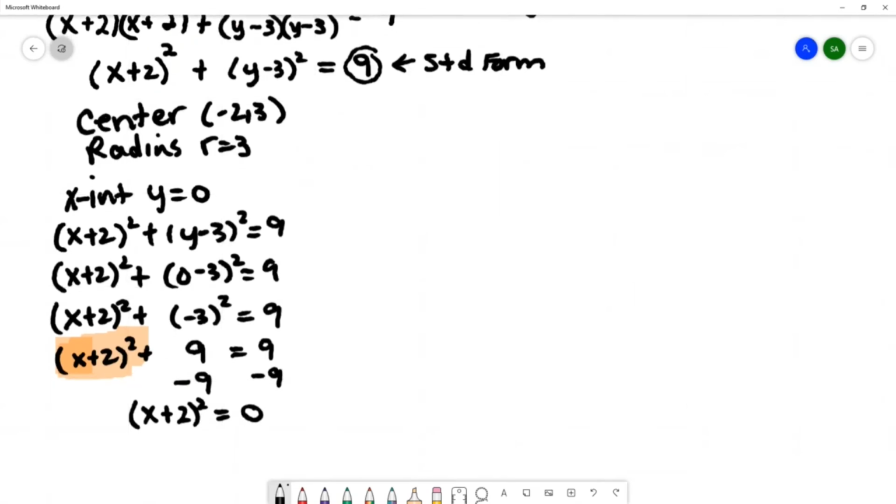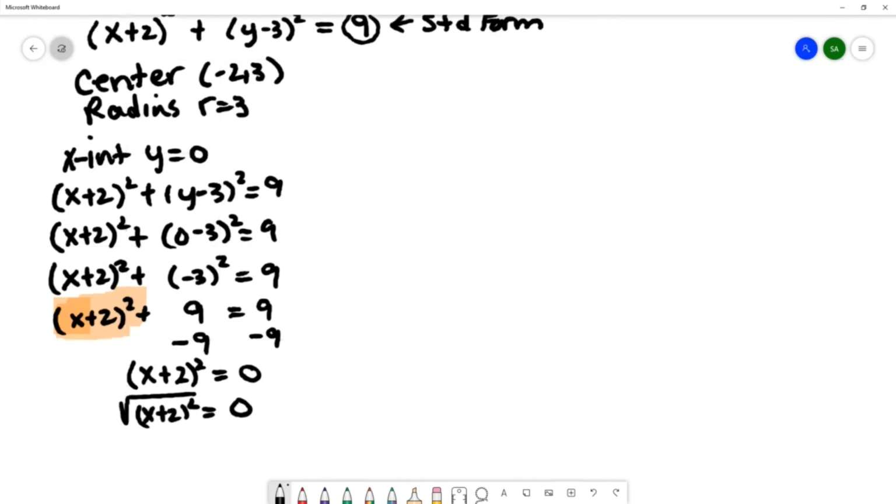And then I'll get rid of the square by square rooting both sides. The square and the square root cancel each other out, leaving me with x plus 2. When you square root a square, you do get a plus or minus symbol on the other side, but this is a 0 on the other side, so we don't need that plus or minus.